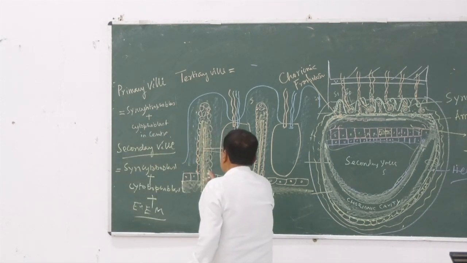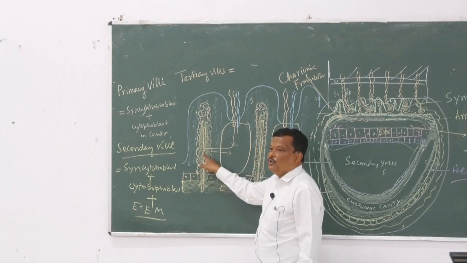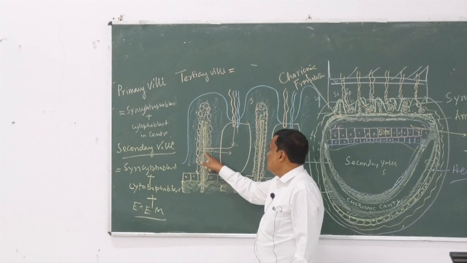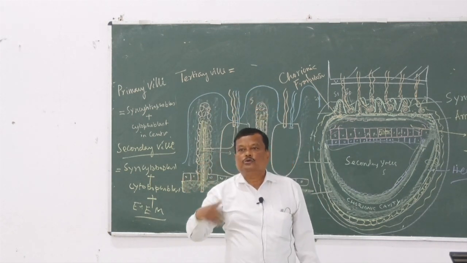And fetal excretory products, carbon dioxide, urea, uric acid, come out here and ultimately go to the maternal blood.